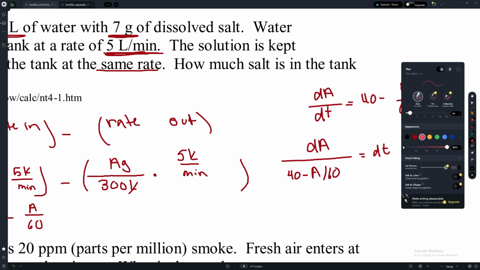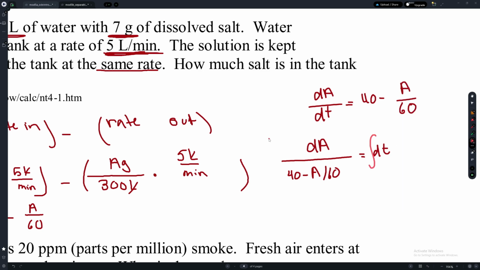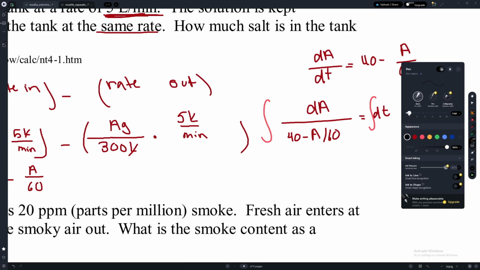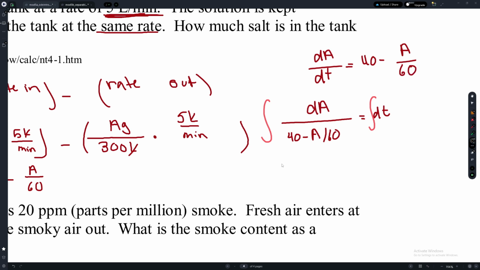Now what I can do is integrate, right? I'm going to reduce this a little bit, so I have a little bit more space. Okay, so when I integrate this, this is just ln of 40 minus A over 60. And that will equal t, as our integral of dt is just t.